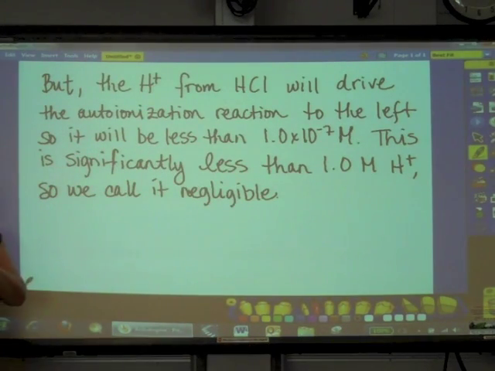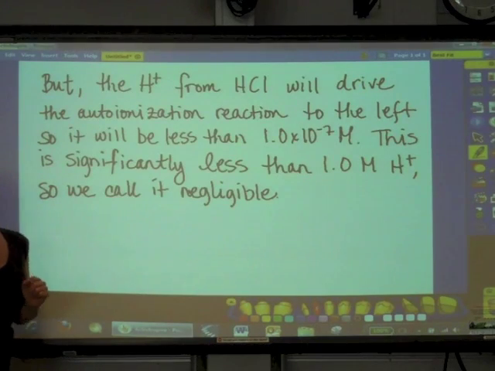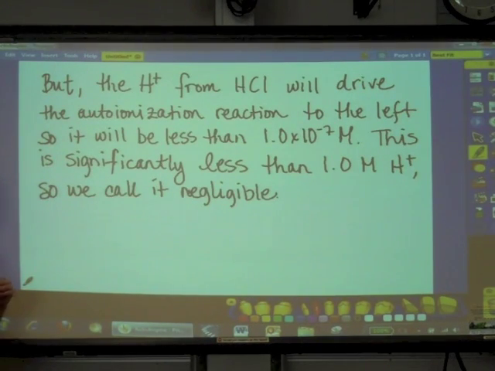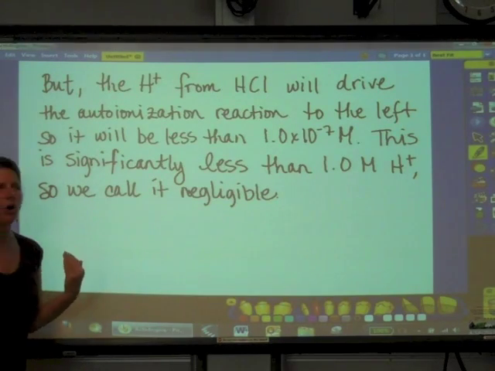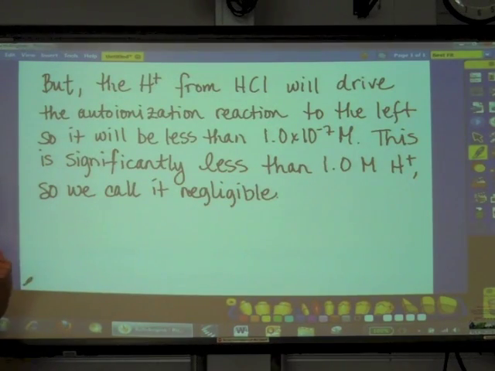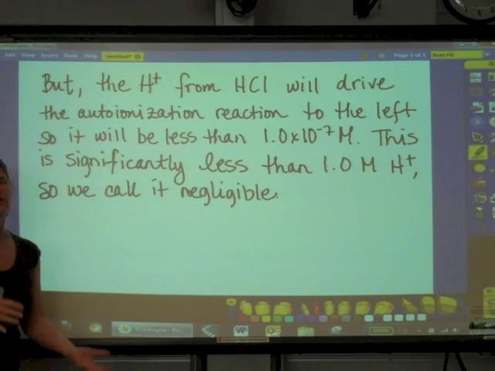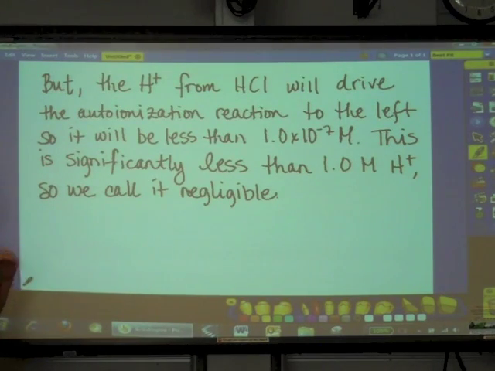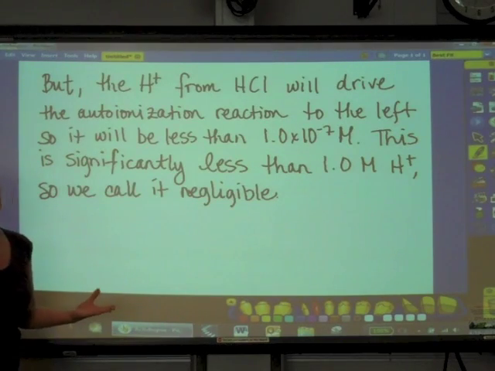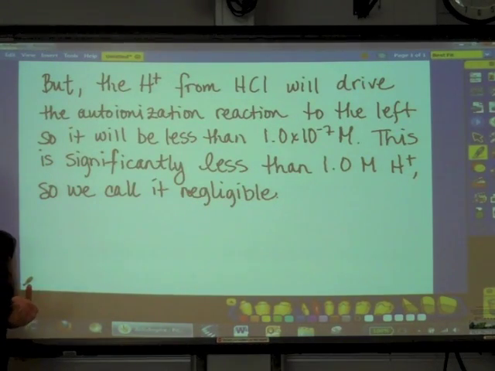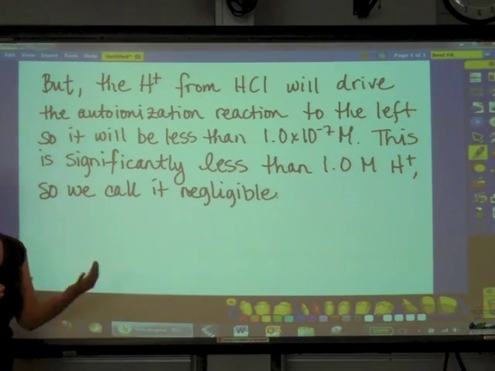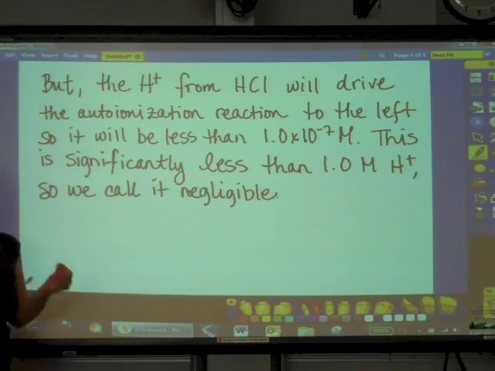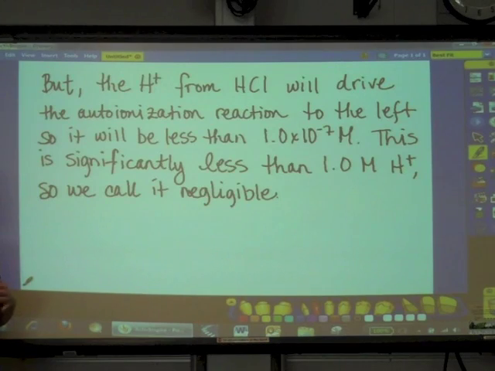It is so very, very important as we are doing pH problems that we have a very clear understanding of where all of the hydrogen ion is coming from. The hydronium ion. We have to take inventory of where it's coming from and decide whether or not this source is a significant source of hydrogen ion.